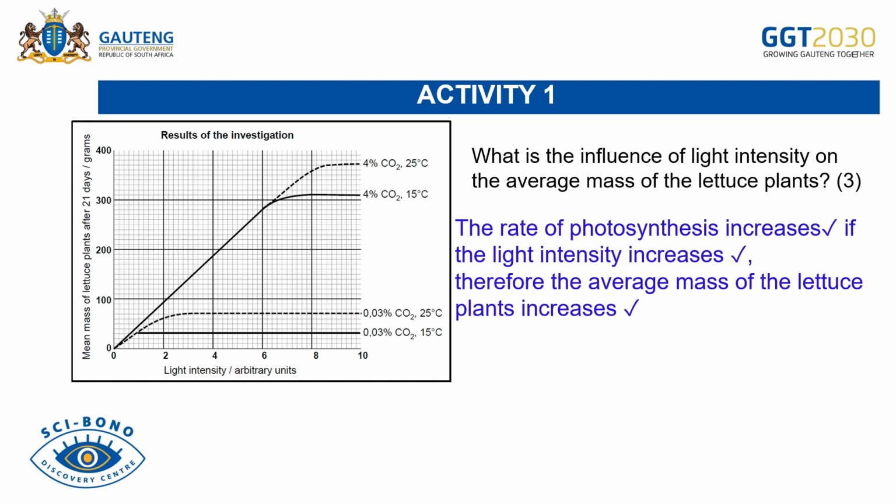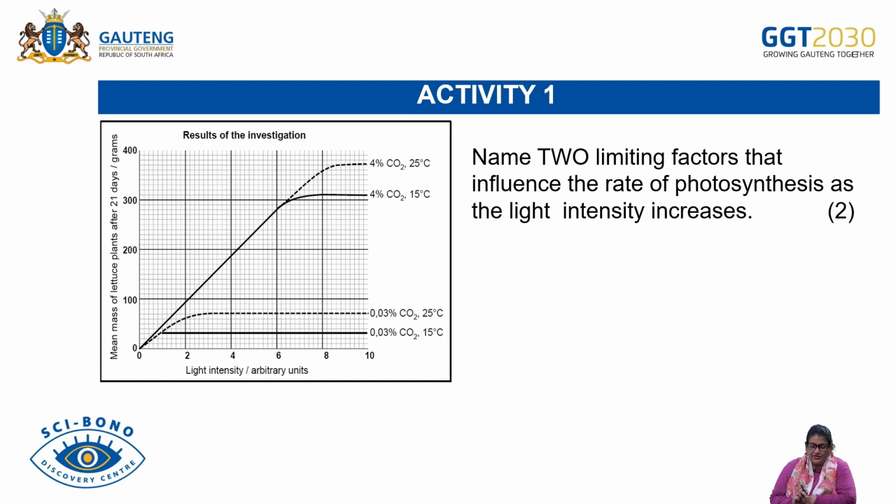Okay, if anyone answered it in a different way, you could have also said, as the light intensity will increase, so does the rate of photosynthesis, which will also mean that the mass in the lettuce plants will also increase to an optimum. Okay, let's go to the next one.